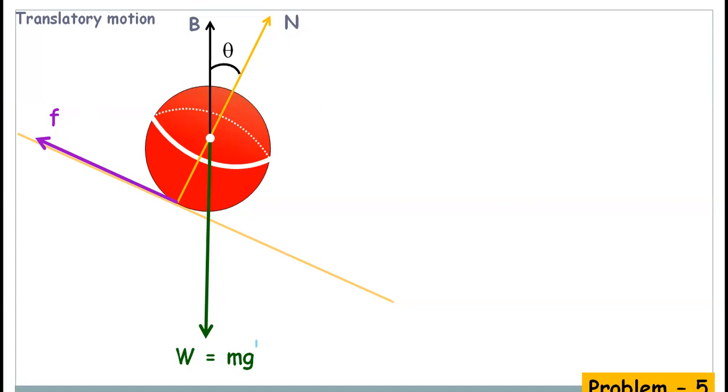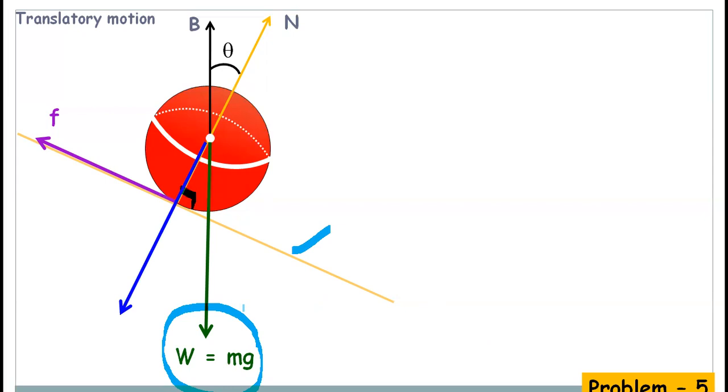Now this gravitational force, the weight, I am going to resolve into two components. One component must be perpendicular to the surface of the inclined plane, and the other component must be parallel to the surface of the inclined plane. So this is the vertical component of the weight, which is perpendicular to the surface of the inclined plane.